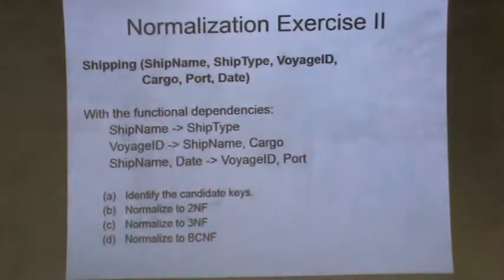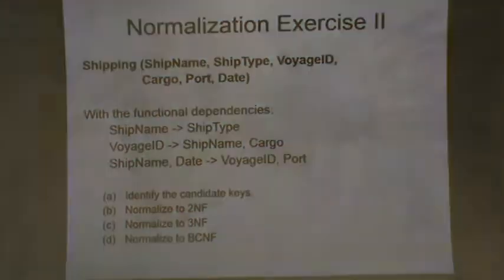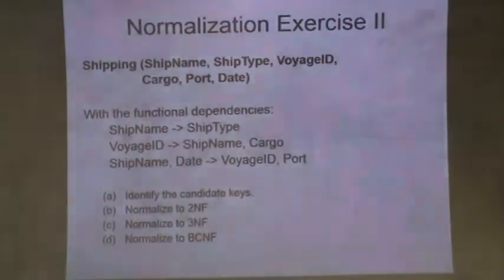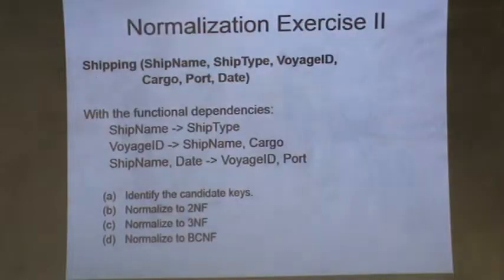So now you have one more, much more complicated exercise, which is called shipping, with functional dependencies. In the previous example, we were assuming, and I was not saying anything which is functionally dependent on each other.